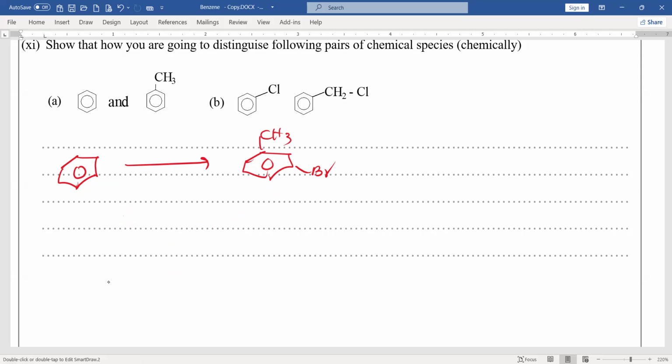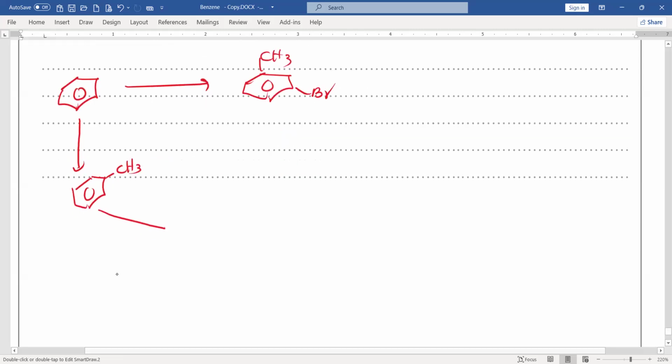How? First, you have to anyhow add a meta director. Then I will first add this CH3 group. Then I can turn the CH3 group into this group.